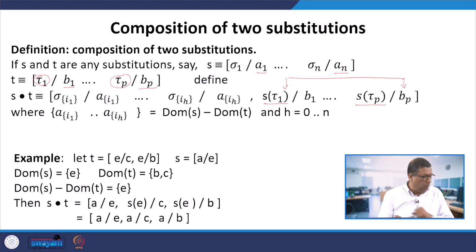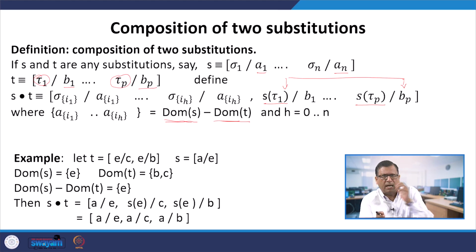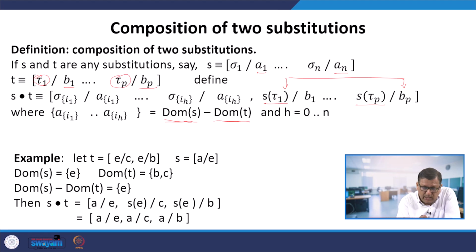Now, for the other part, we do not keep it like this. Here what we are going to do is this: if the domain of S is A1 to AN and the domain of T is B1 to BP, we take the set difference of these two, that is the domain of S and the domain of T. That means the type variables in S not in T. This is what we are representing here.